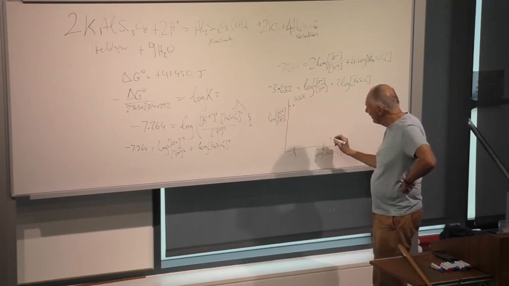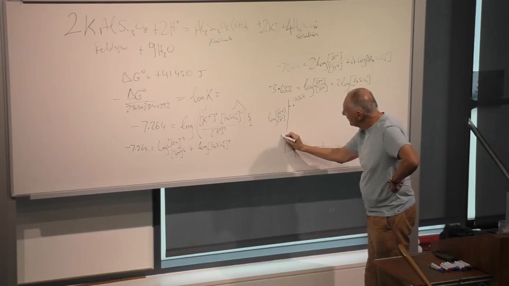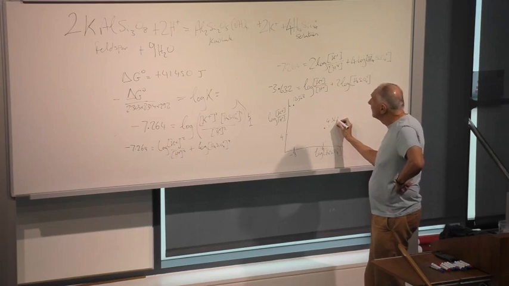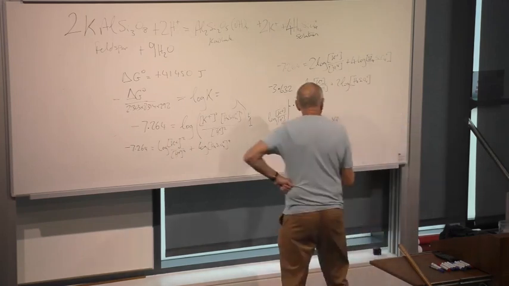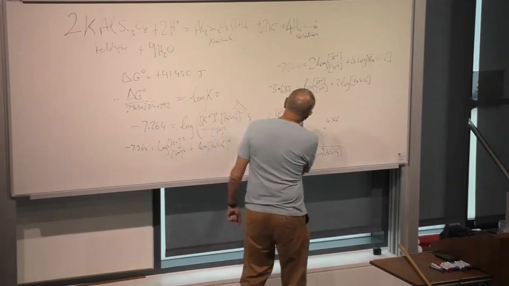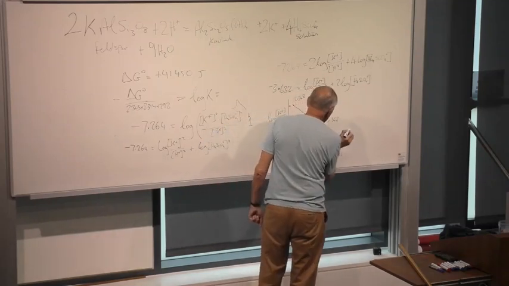Sorry, 4.368. And this, of course, is an equation of a straight line. So we draw a straight line. That's the equilibrium line.